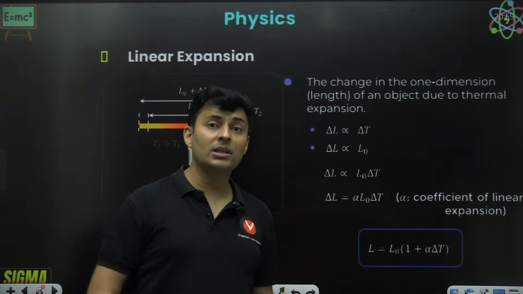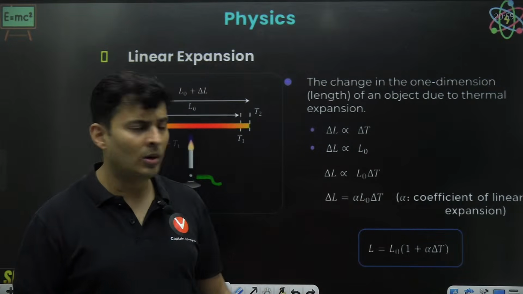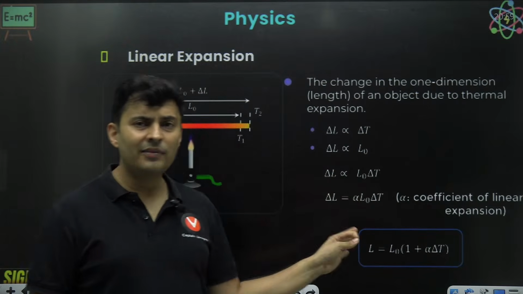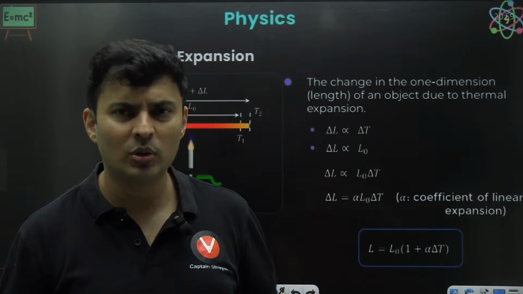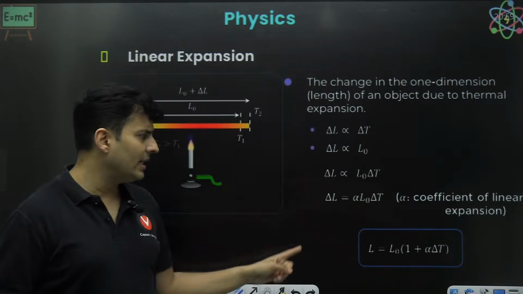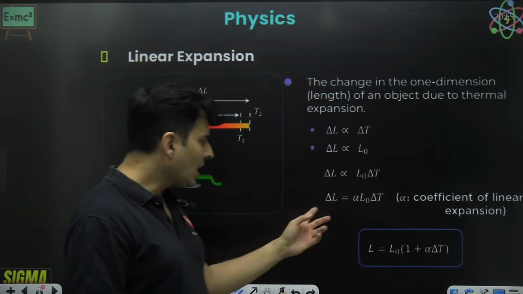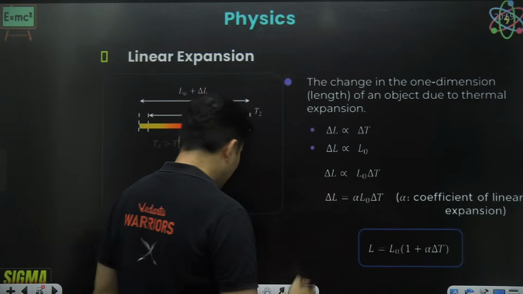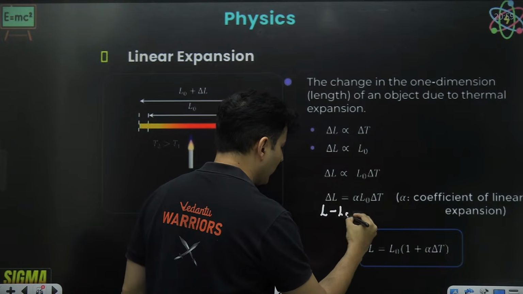If delta T is positive, delta L is also positive because you have increased the temperature, so length will also increase. So this alpha, whether it is expansion or compression, is the same. Don't worry about it. So delta L = alpha L naught delta T. This is the main formula. Now, if you notice, this delta L actually can be written as the final length minus the original length.